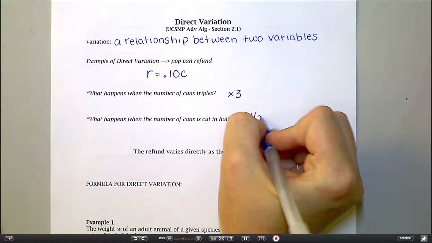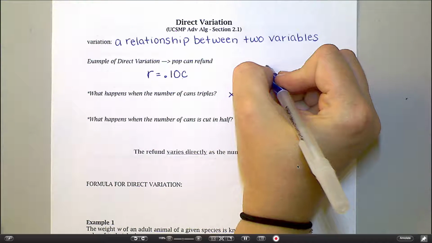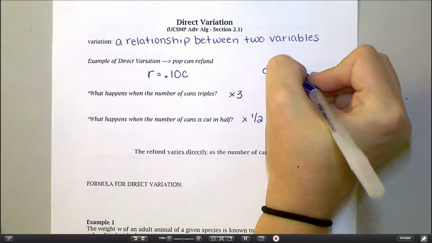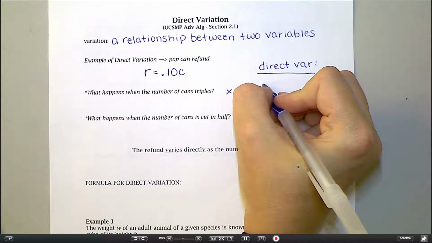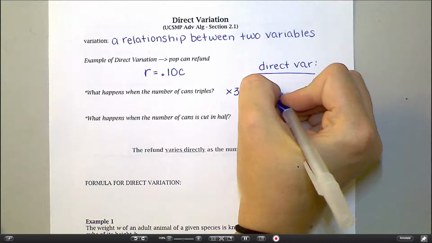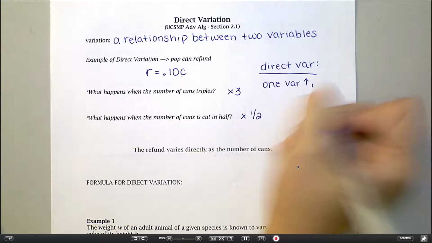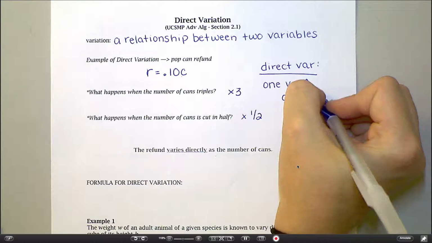Okay? And so one of the characteristics of direct variation, so this is not all types of variation, but direct variation, is that when one variable increases, the other variable increases as well.